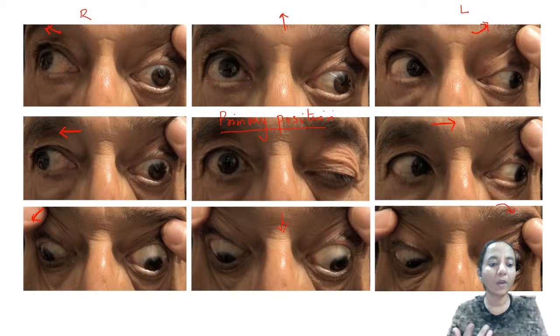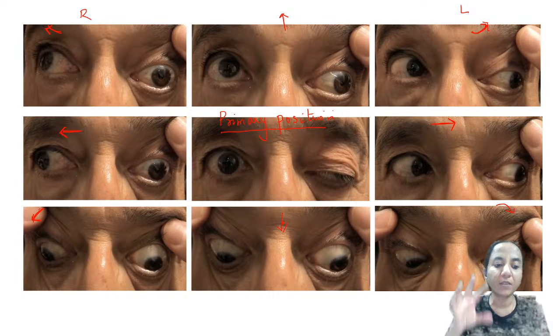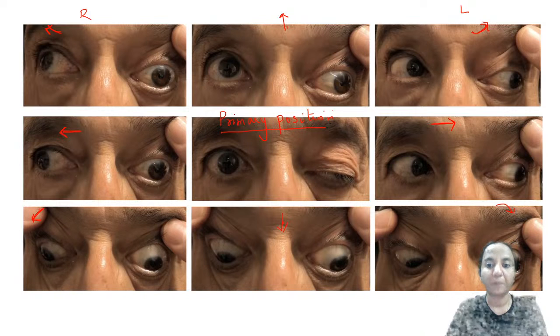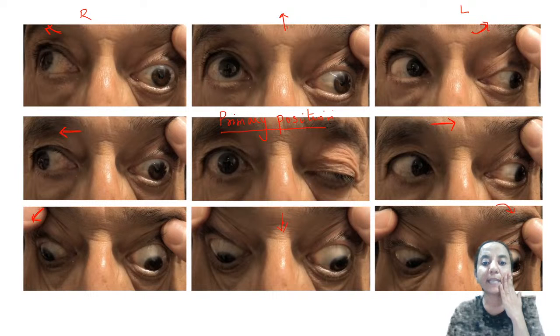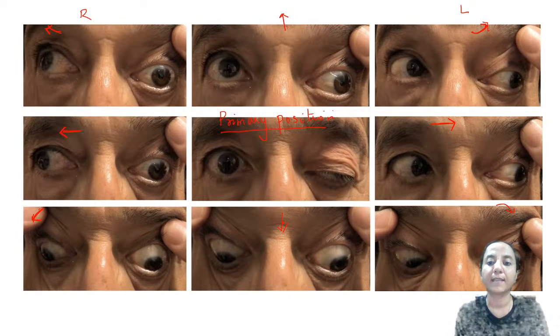Now, when I look at the photograph, I have to first look at the primary position. So from this photograph, what do you see in the primary position? The first thing that strikes us is that in the left eye, there is a ptosis. And what is the position of the eye here? Look at the position of the eyeball.